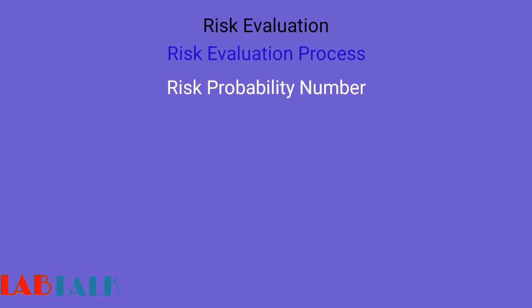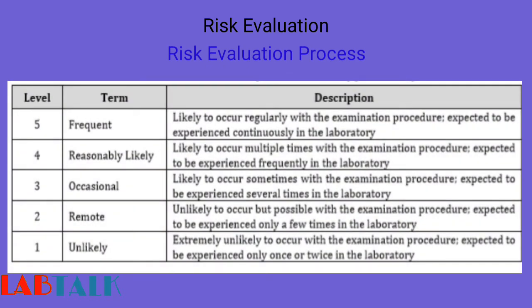Now this risk priority number has three variables. First is the severity of the risk, second is the probability of the risk, and third is the detectability of the risk. Now here I have described the probability of the risk in terms of a qualitative variable, where level 5 risk means a frequent incidence and is likely to occur regularly, with the examination process expected to be experienced continuously in the laboratory.